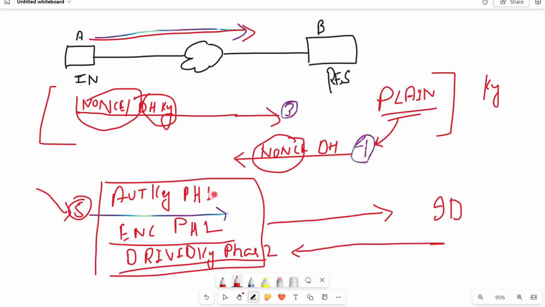This is the phase 1 authentication key, and it will also be used as the phase 1 encryption key. And in phase 2 this will be used as the derived key. Once these keys have been negotiated on both sides, phase 1 will come up. So let's come back to my slide.